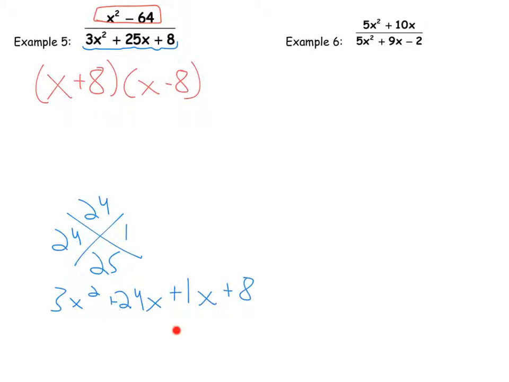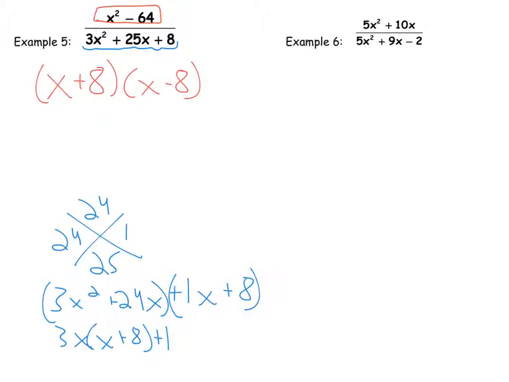And now I have 4 terms, right? We have split the middle, and so we're going to finish this off by grouping. So what do 3x squared and 24x have in common? Well, I can divide each of those by 3x, and if I do so, I will be left with x plus 8. 1x plus 8, what do those have in common? Well, nothing. And so our GCF is just a 1.